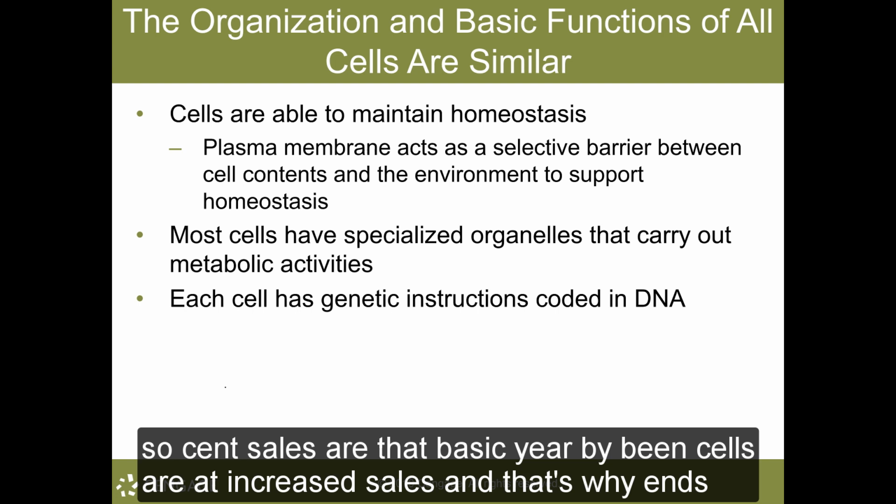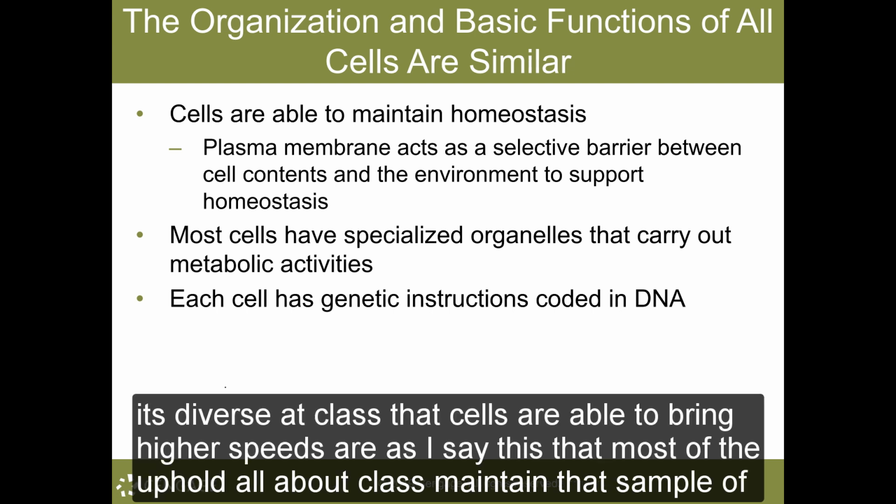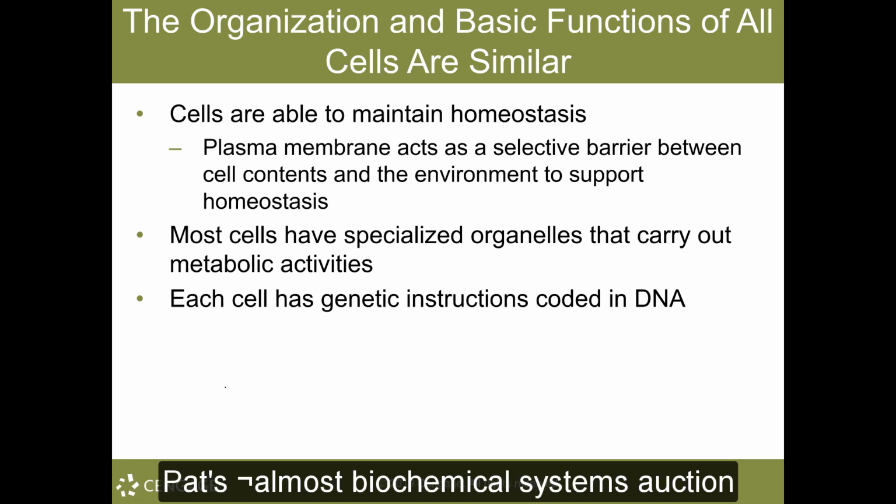So since cells are the basic unit of life, meaning cells arise from pre-existing cells, and that's where life begins, it's the very same, class, that cells are able to maintain homeostasis. And as I say this, the appropriate internal environment must be maintained, and that is necessary for the biochemical systems to function.